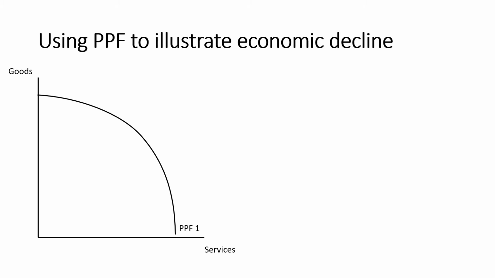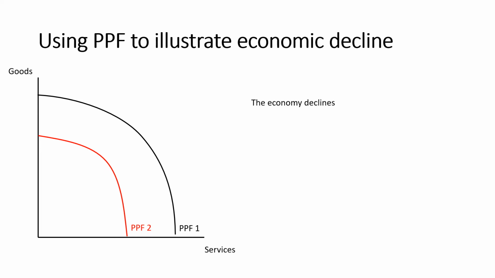Again, we're talking about an adverse change to either the quantity or quality of factors of production. What happens is that the productive capacity of the economy shrinks. So we move to a new production possibility frontier that's inside the old production possibility frontier curve PPF1. So there's been a permanent decline in the productive capacity of the economy.